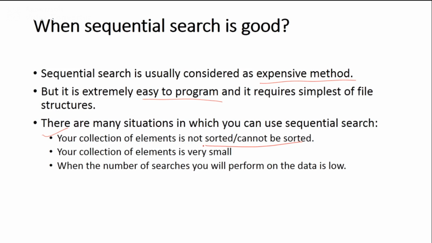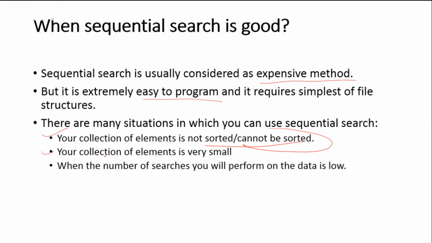Sometimes sorting is difficult because sorting will take one more algorithm and it will take time, right? Sometimes some data cannot be sorted. At that time you can use the sequential search operation.